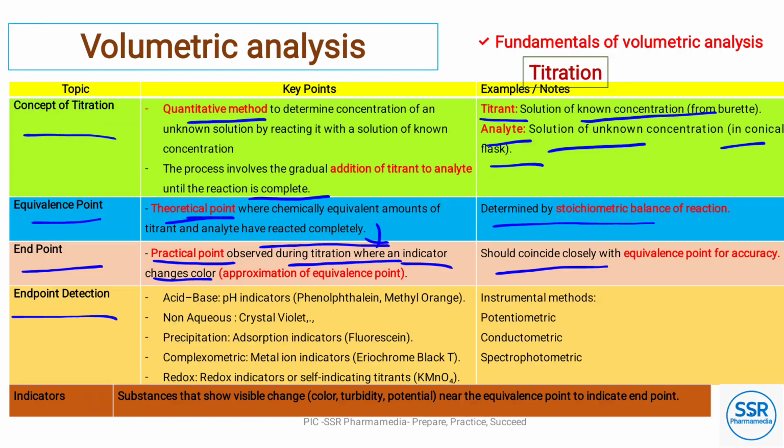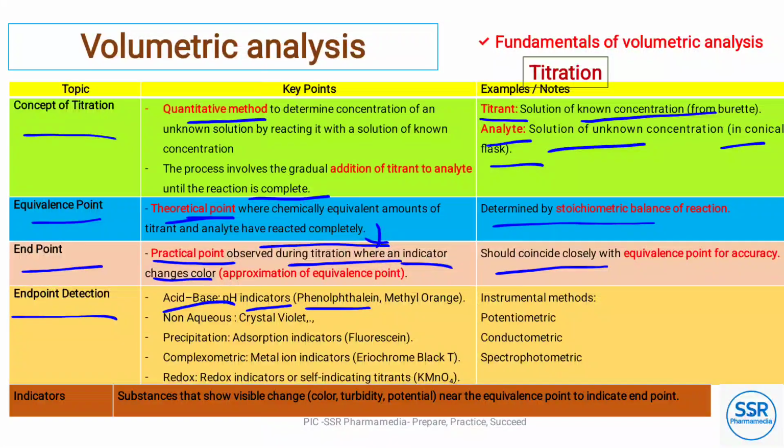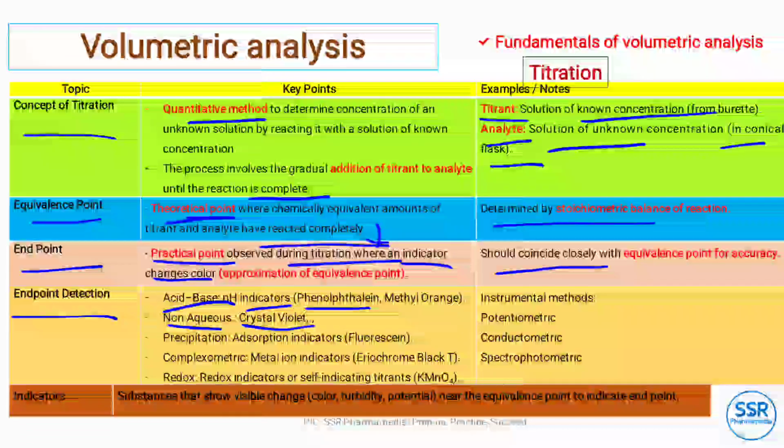Endpoint detection. How do we detect the endpoint? Different types of volumetric analysis show different color changes, and indicators are used to detect the endpoint. In acid-base titration, pH indicators like phenolphthalein and methyl orange are used. In non-aqueous titration, also pH indicators, we use crystal violet.